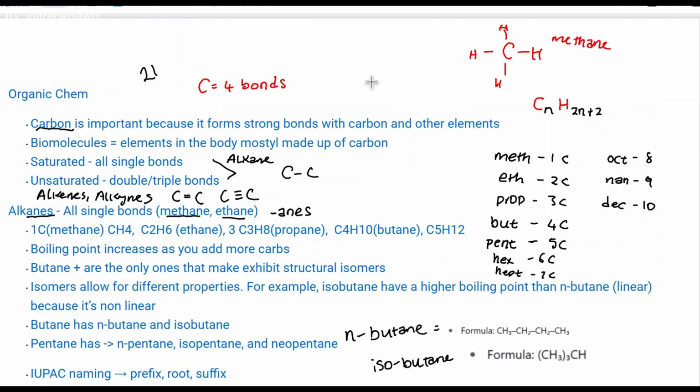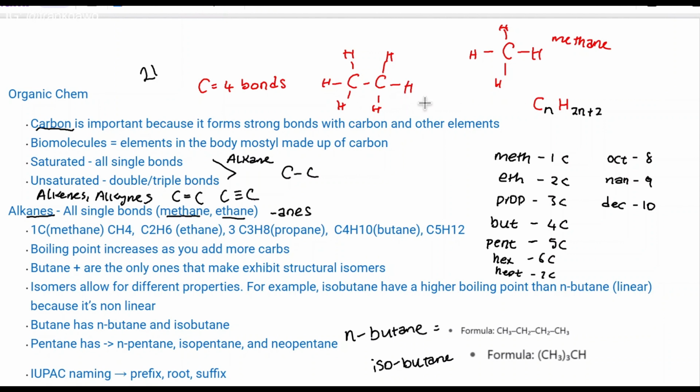If you change it to ethane, with 2 carbons now, the 2 carbons have to be bonded to each other. For each to have 4 bonds, each carbon can only have 3 hydrogens, because one of its bonds is taken up by the other carbon.